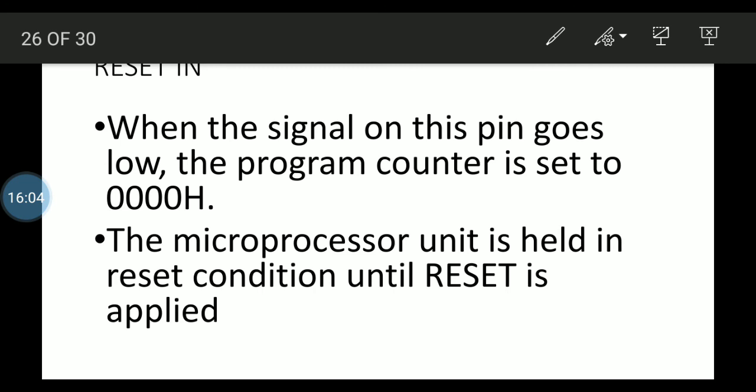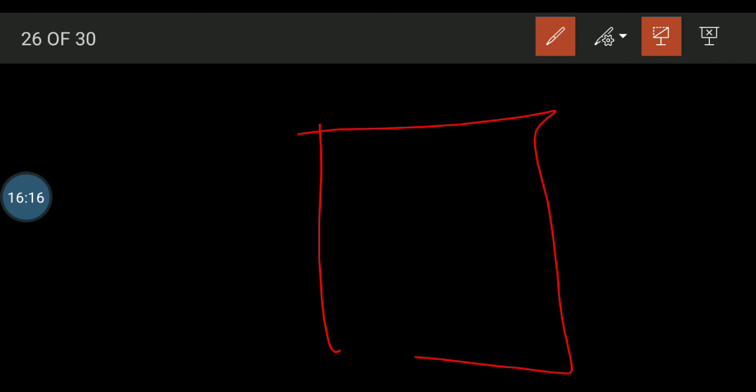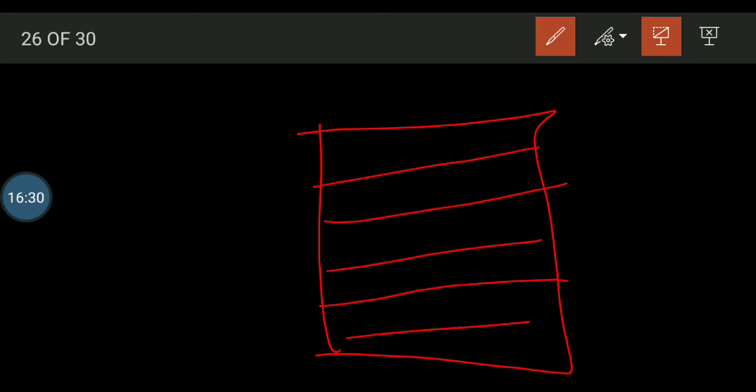Reset in. When the signal on this pin goes low, the program counter is set to 00. The program counter counts everything. Suppose a person sitting at one place counts how many people pass by and makes an entry in a book.